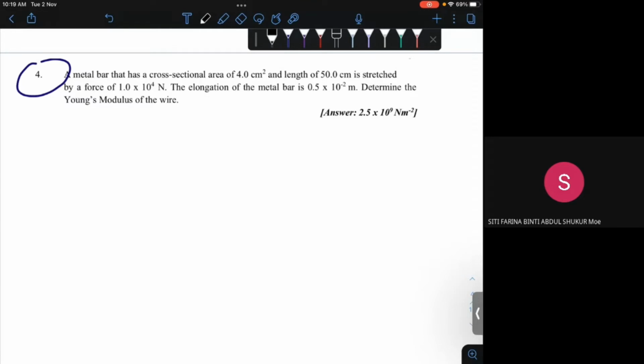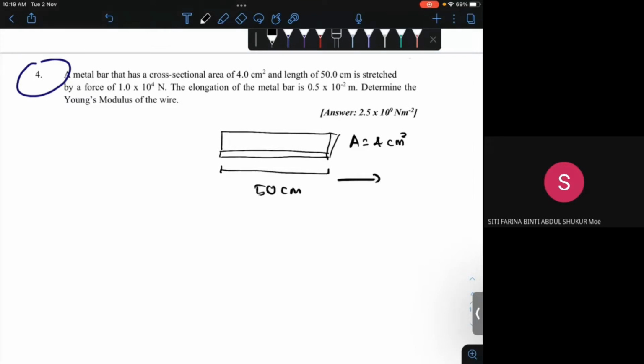So we have a metal bar here. The cross-sectional area is 4 cm square, the length is 50 cm, and it is stretched by a force of 1 times 10 to the power 4 Newton. The elongation of the metal bar is 0.5 times 10 to the power negative 2 meter. When you stretch, you get an extension, elongation, the same thing.